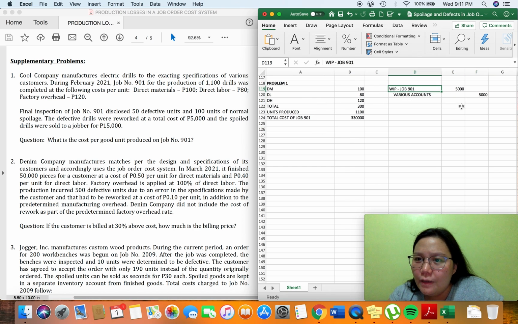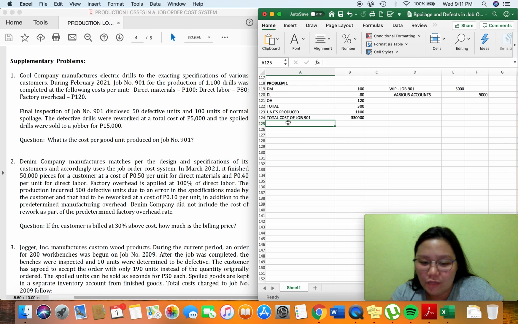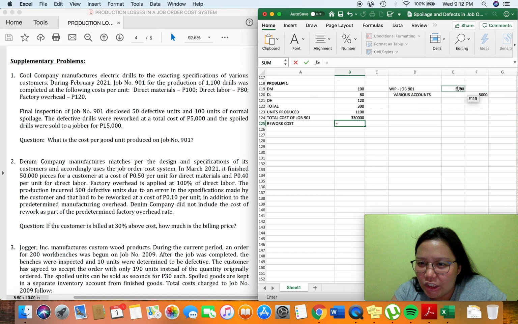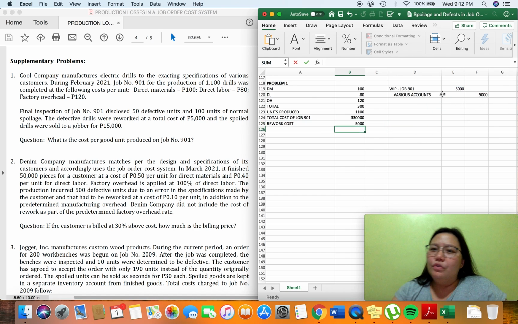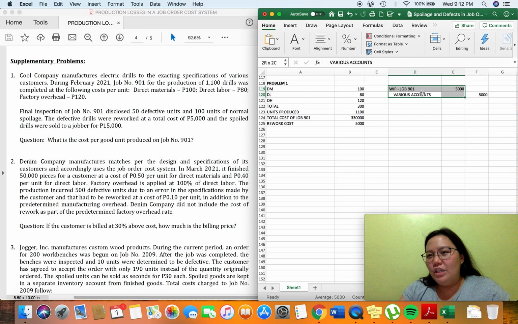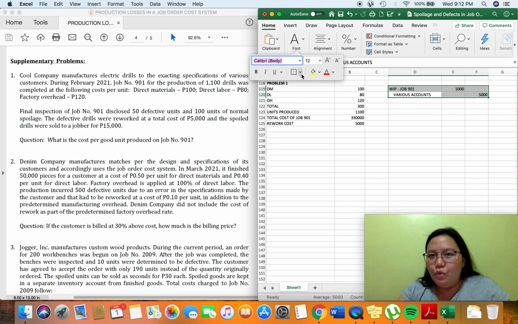So, since we have charged the work in process job 901, madadagdagan yung total cost natin ngayon. So, we have rework cost charged specifically to job 901. Okay. So, this is our entry to record the rework of the defective units.